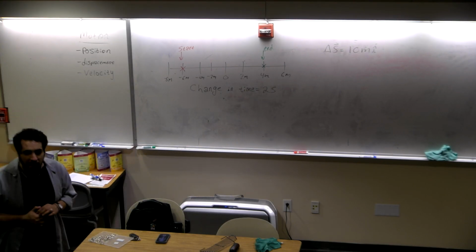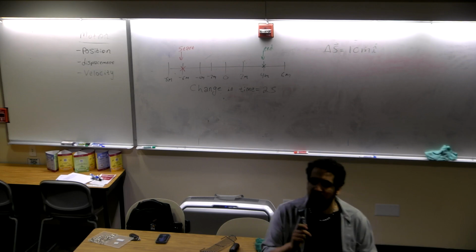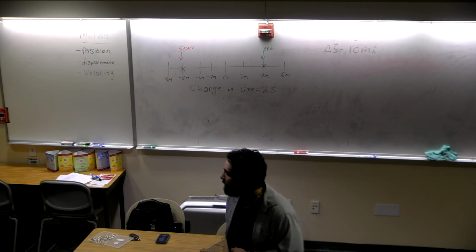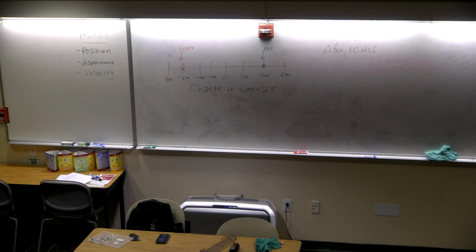So we have our displacement, our delta S, and our change in time, in other words, our delta t of 2 seconds. Time is represented by a lowercase t. And we can describe our velocity as being our displacement divided by how long it took.